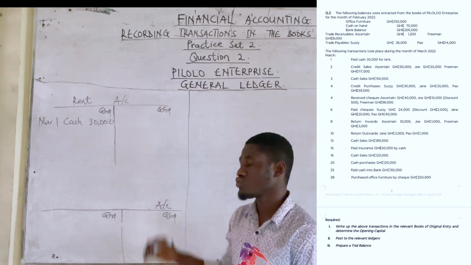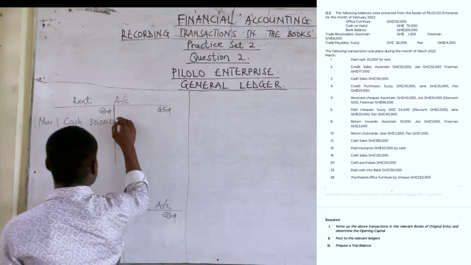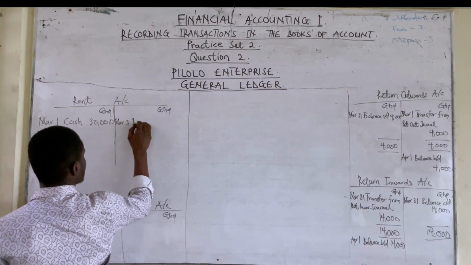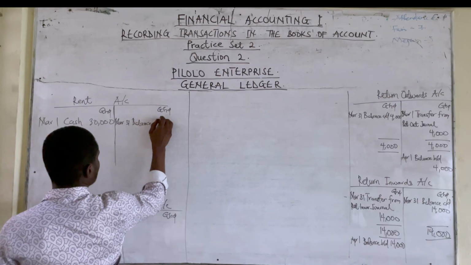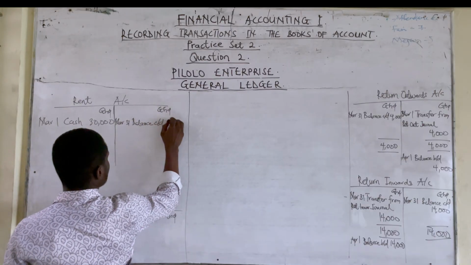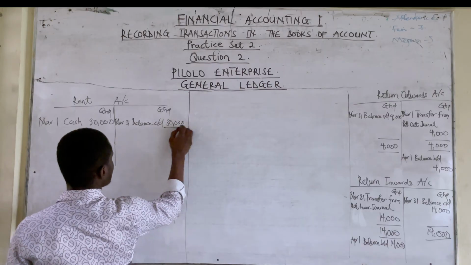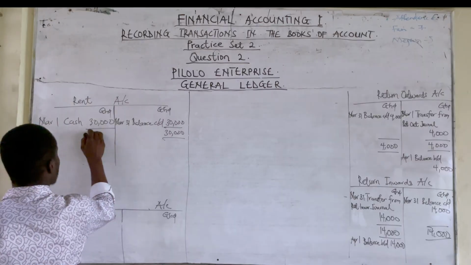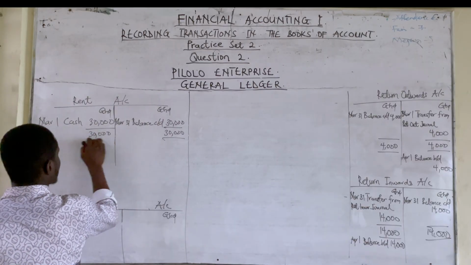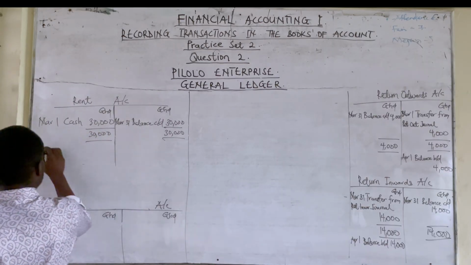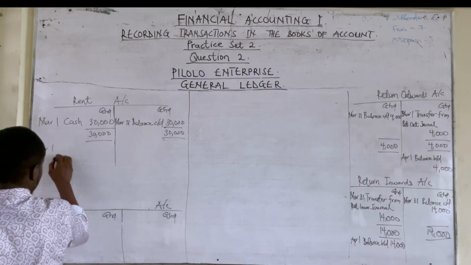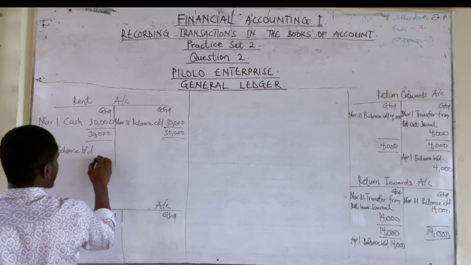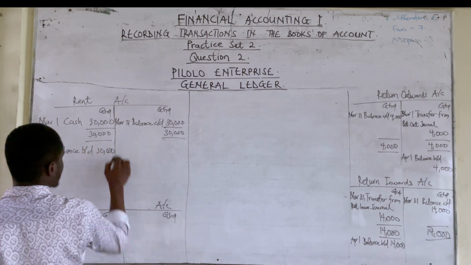Okay, so we are going to close off this account. Then April 1st, balance BD, the same 30,000.